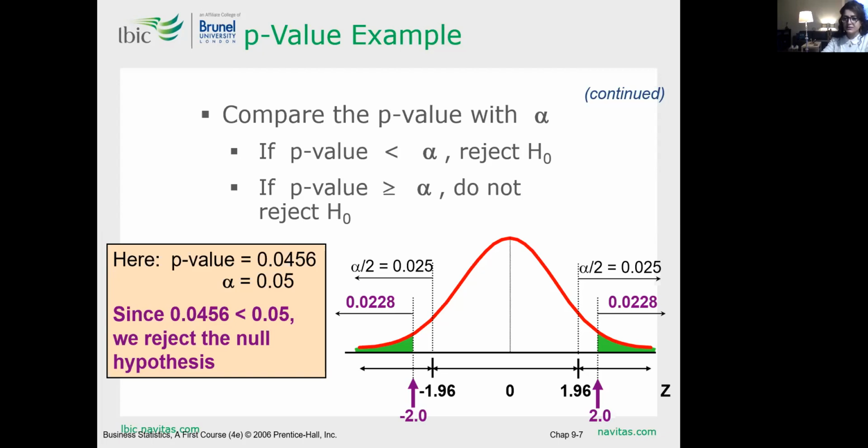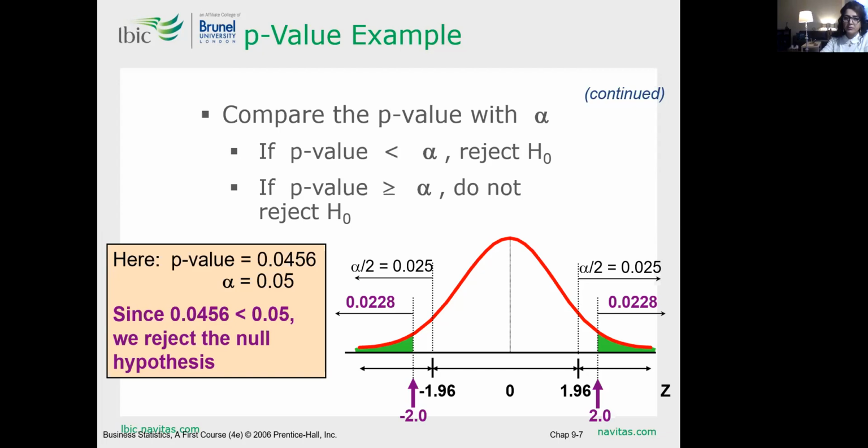Then by using this information, you can say that the p-value is either less than or equal to, or greater than alpha.